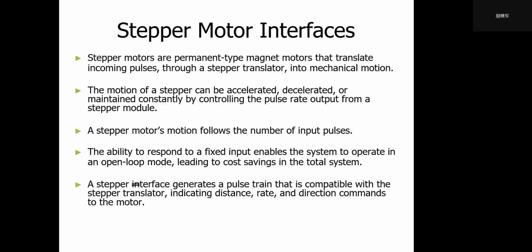Stepper motor interface. Stepper motors are permanent magnet motors that translate incoming pulses through a stepper translator into mechanical motion. The motion of the stepper can be accelerated, decelerated, or maintained constant by controlling the pulse rate.